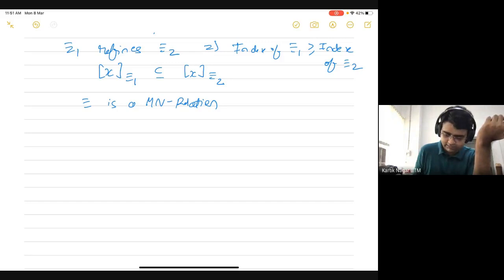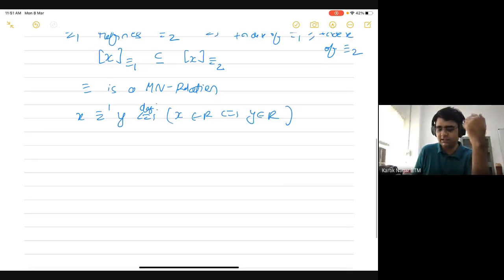So let's call this the prime relation. So we say that X is related to Y if and only if X belongs to R if and only if Y belongs to R. So this is the definition.